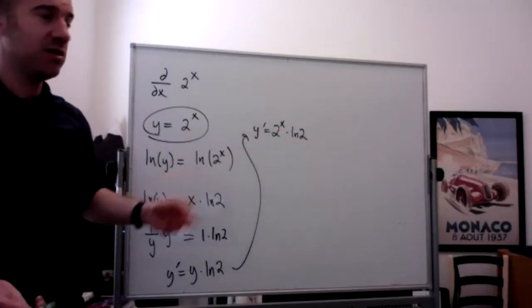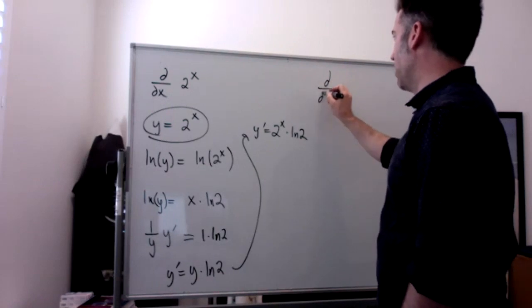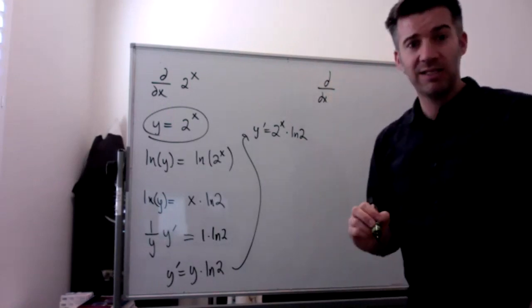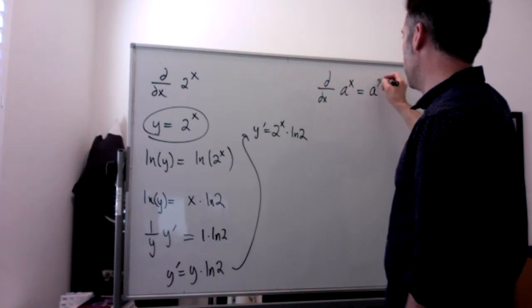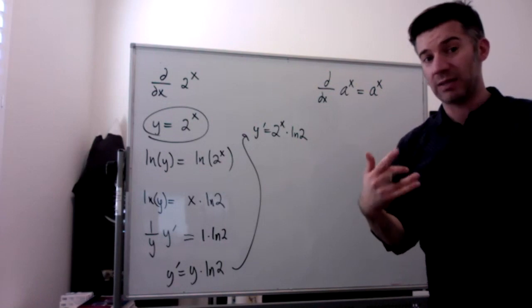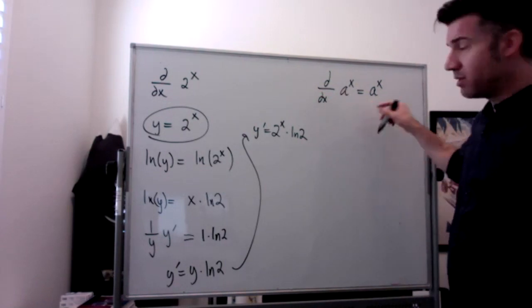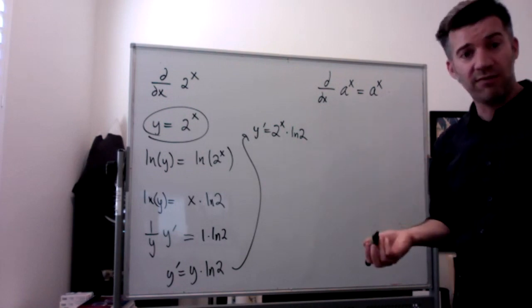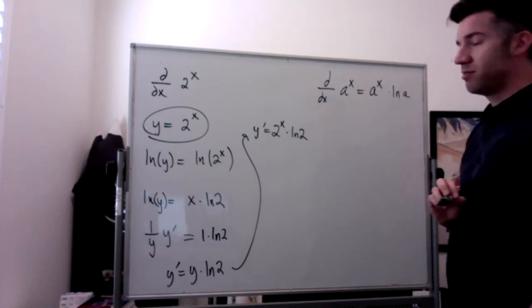So basically, more generally, if you want to find the derivative of any base to the x power, it's equal to that same expression. And again, remember I said this before, if you differentiate an exponential thing, that exponential thing always pops back up. But then if your base is different than e, you have to multiply by the natural log of that base.